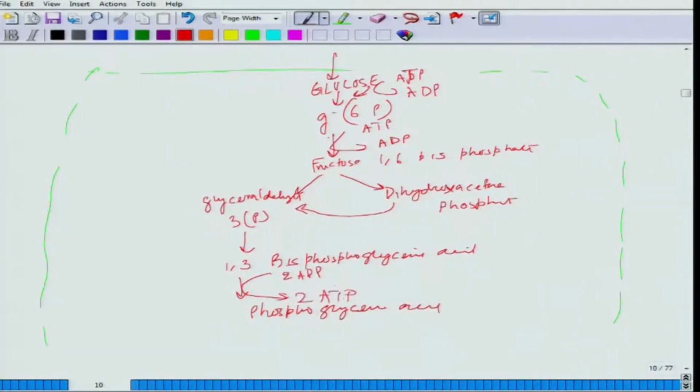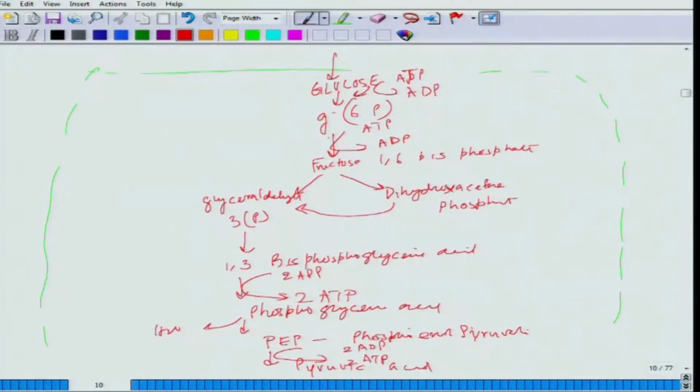For the first time the reverse process is taking place in this cycle, and it gets rid of water molecules and forms PEP, phosphoenol pyruvate. From phosphoenol pyruvate it forms pyruvic acid, and during this formation again 2 ADP molecules are utilized to make 2 ATP molecules.